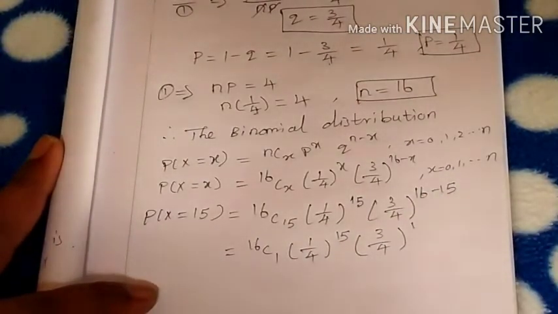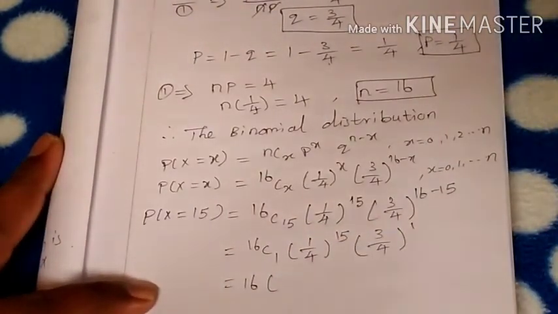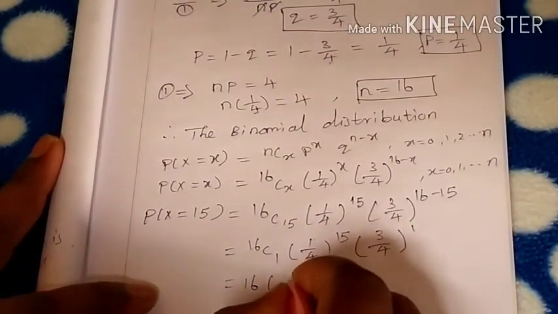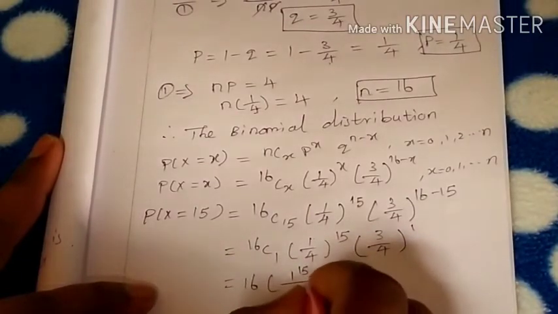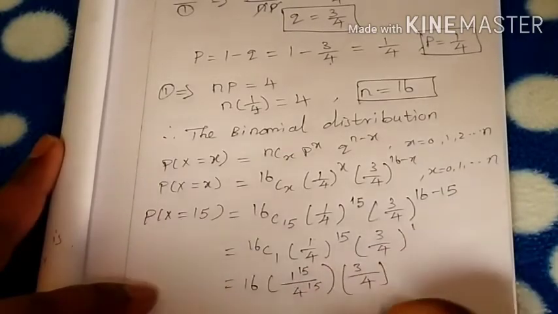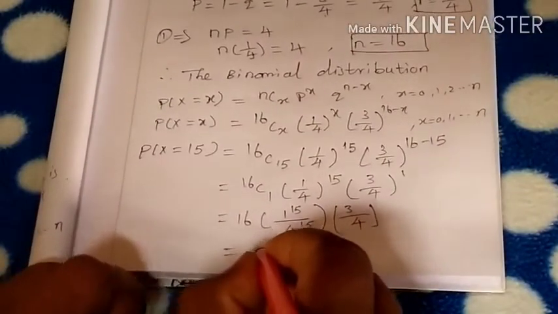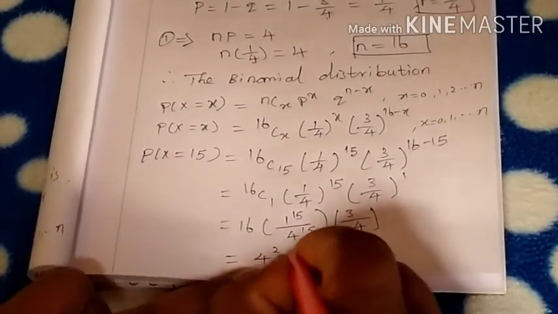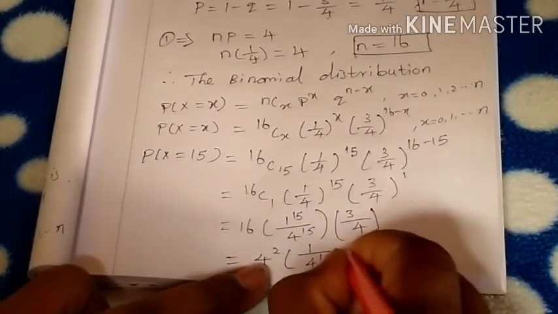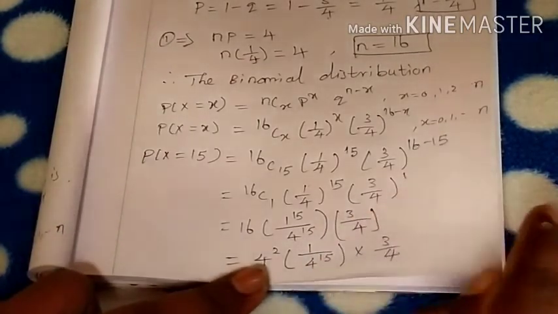Okay, so 16C15, using the cancellation, 16 minus 15 is 1, so 16C1, and 1 by 4 power 15, then 3 by 4 power 1. Okay, then 16C1 is 16, then 1 power 15 divided by 4 power 15 and 3 by 4. 16 can be written in the form of 4 square, then 1 power 15 is 1, then 4 power 15 into 3 by 4. Okay, that's all.